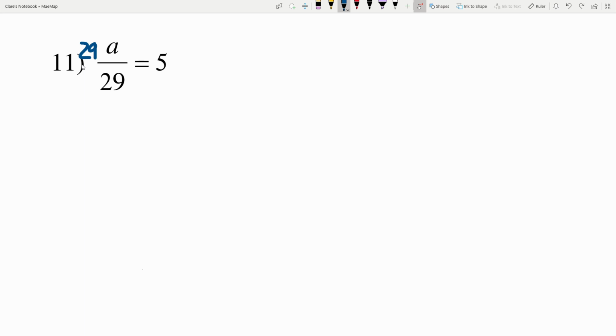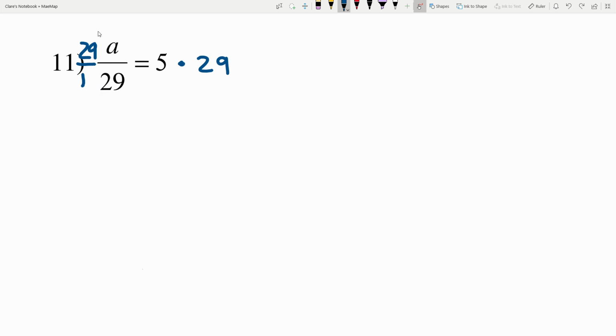So I'll multiply by 29, which is the same as multiplying by 29 over 1 if you want to line up your numerators and your denominators. And whatever I do to the left, I need to do to the right. So I'm going to also multiply by 29. Again, I can multiply by 29 over 1, but 29 divided by 1 is still 29. So because I don't have a fraction on this right-hand side, it's unnecessary to put it over 1.